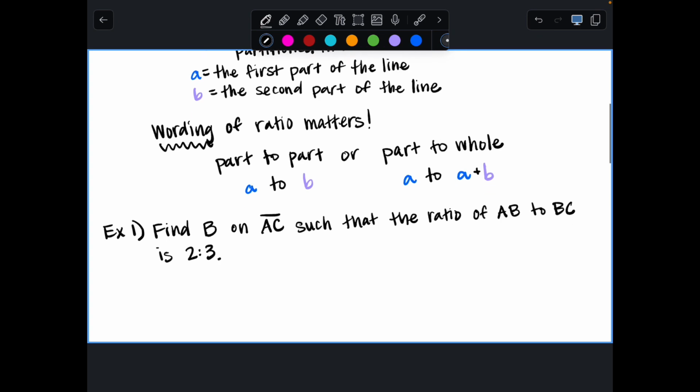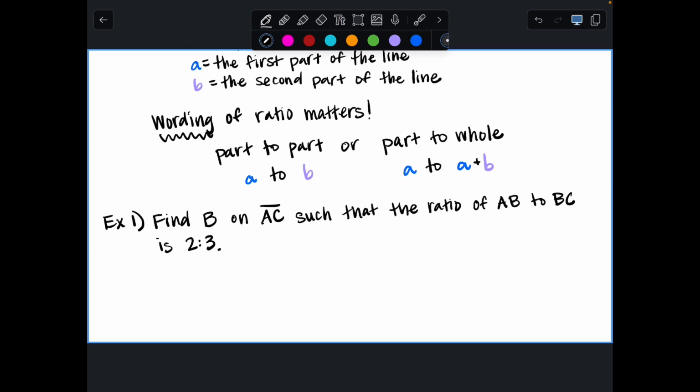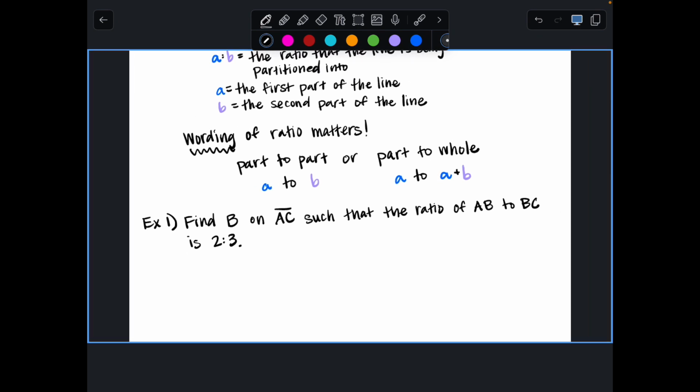Okay, so first example is find B on AC such that the ratio of AB to BC is 2 to 3.